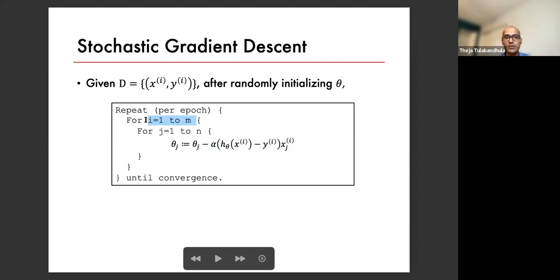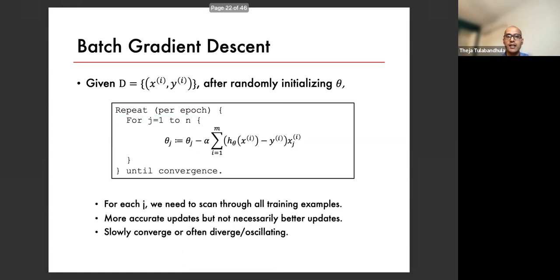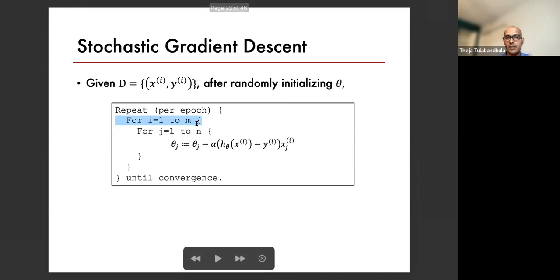So what folks generally do is maybe only pick a subsample out of the million observations for this step. But for now, let's just stick with what's written here. This is a variation of gradient descent compared to batch gradient descent: there is no summation over the examples here.